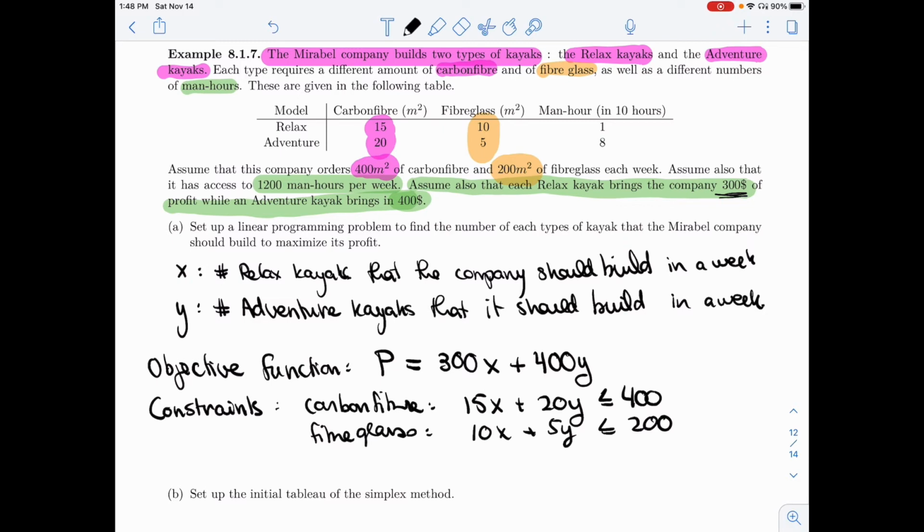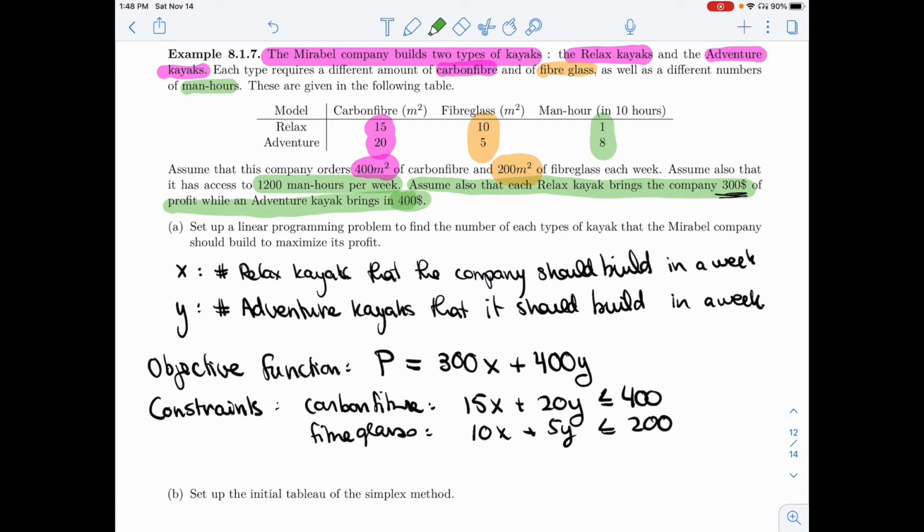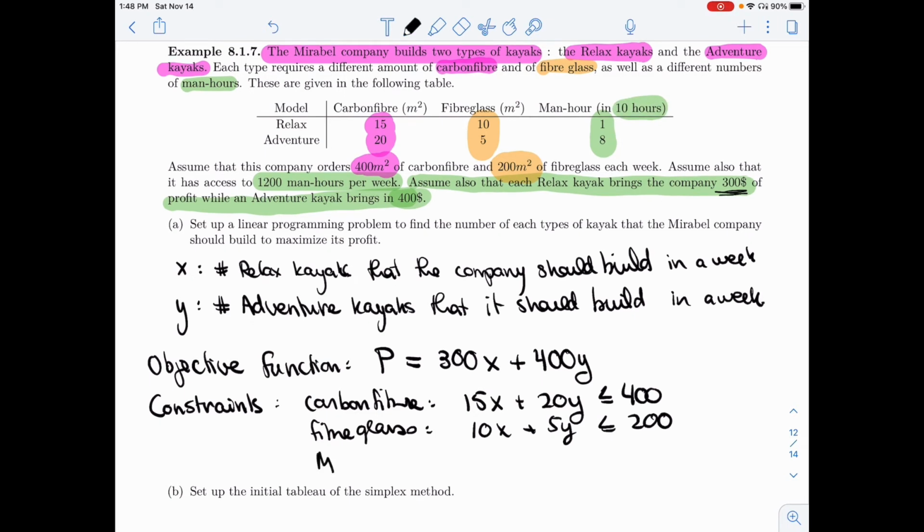And then I have man-hours. Let's put those in green. It's probably a good idea to count man-hours in units of 10 hours. I need 1x + 8y, and that has to be less than or equal to 120 in total, because it's in units of 10 hours.